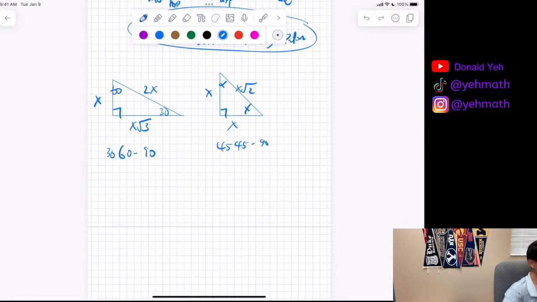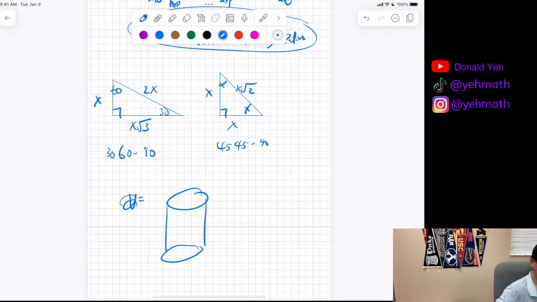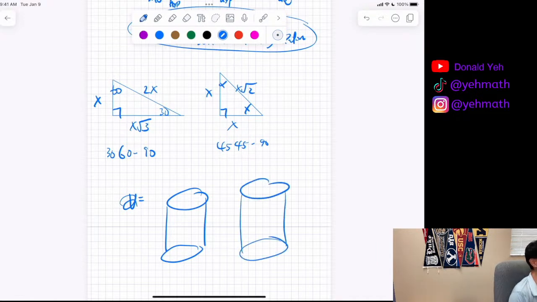On the SAT, I see this question all the time. They compare two cylinders. They say there's a cylinder A and a cylinder B, and one is fatter than the other. How much fatter?